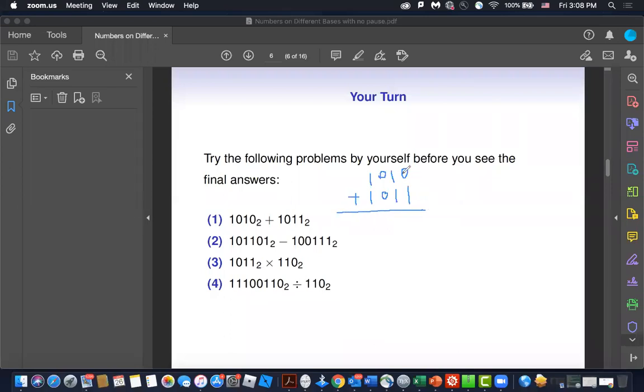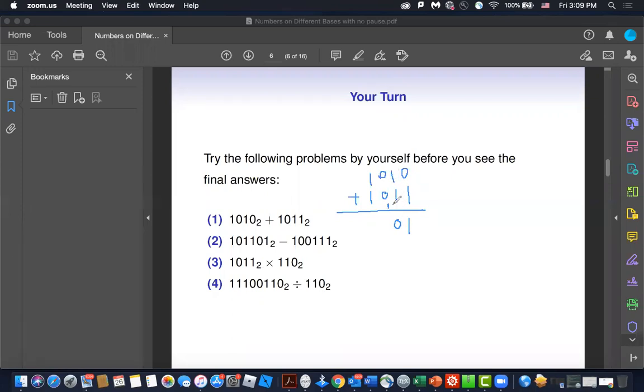Again, we start from the right. So 0 plus 1 is 1. 1 plus 1 is 2, right? But remember, this is just like decimal, which is based on 10, but you never see 10 in the answer. So we change it to 0, since 2 becomes the base.